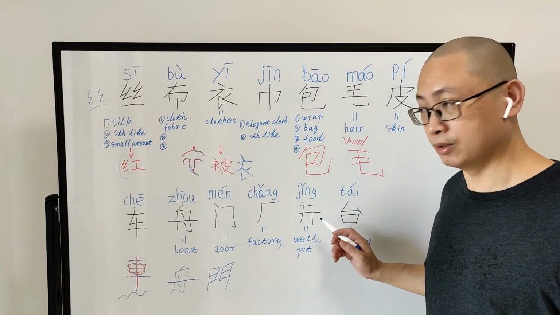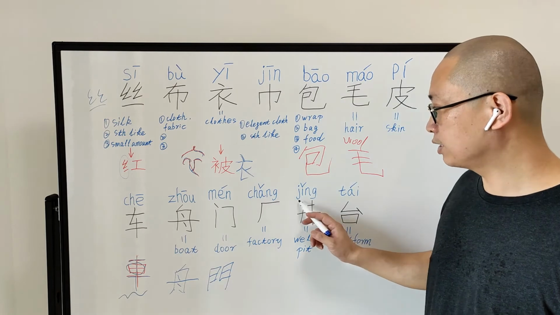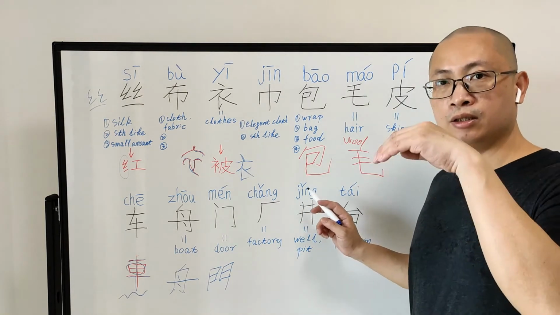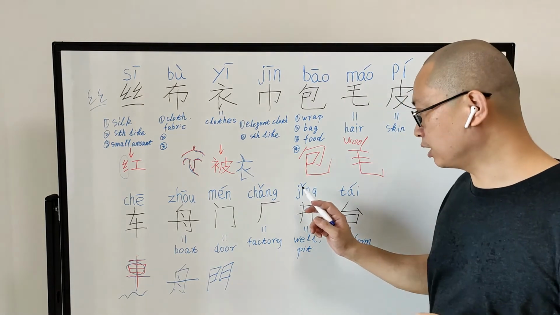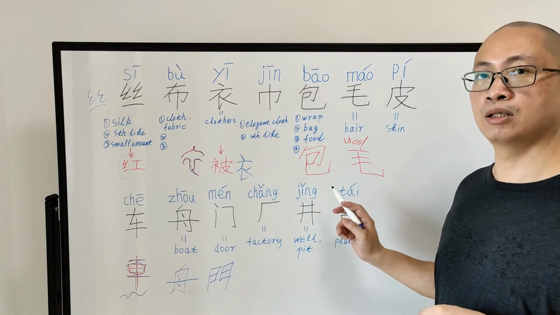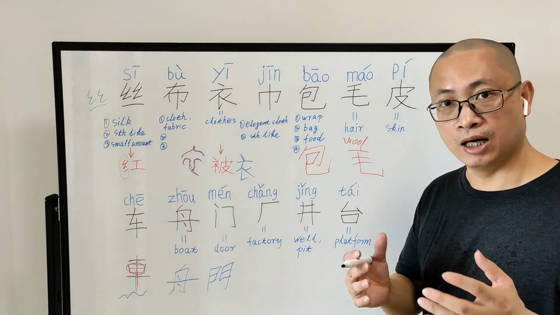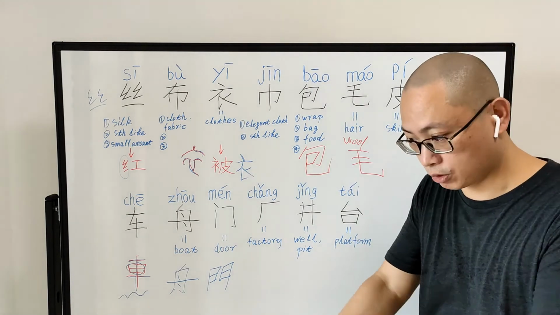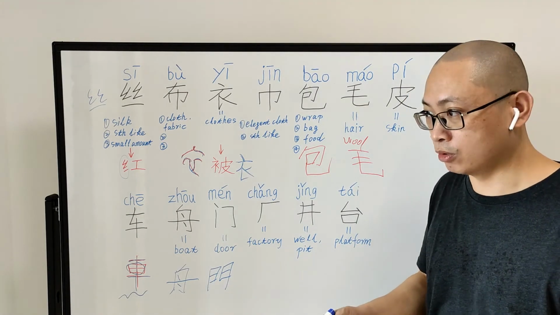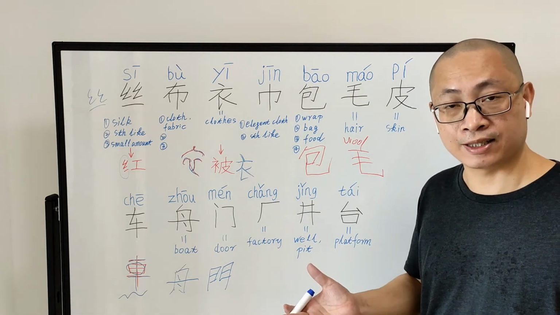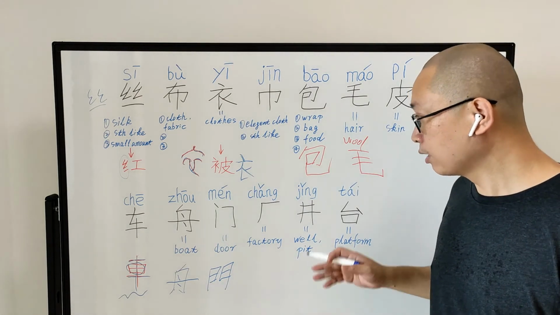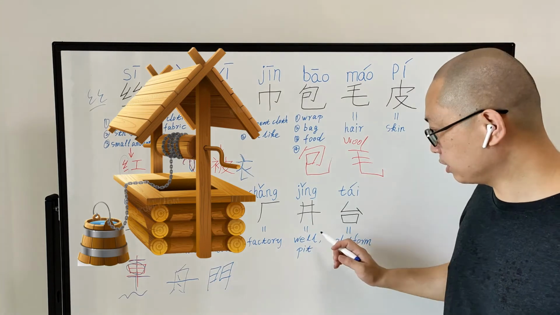Next character, 井, well, pit, a man-made deep hole on the ground, usually for water, minerals, etc. 井. From this picture, it is very clear.